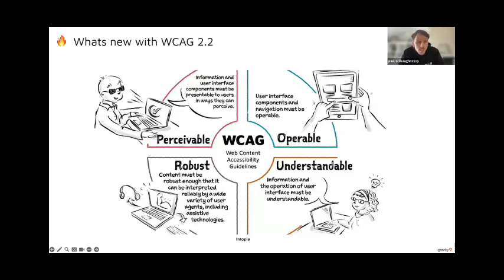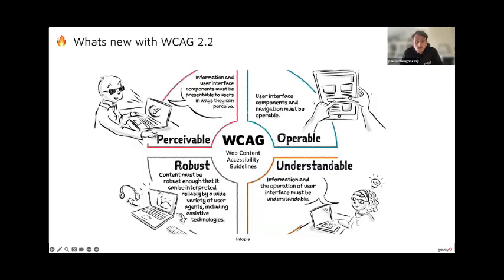Does it work with all kinds of tech right now and in the future? Can the content work well with all browsers, devices and assistive technologies? So these four core principles make sure websites are fair and usable for everyone, no matter what their abilities are or what tech they might be using.